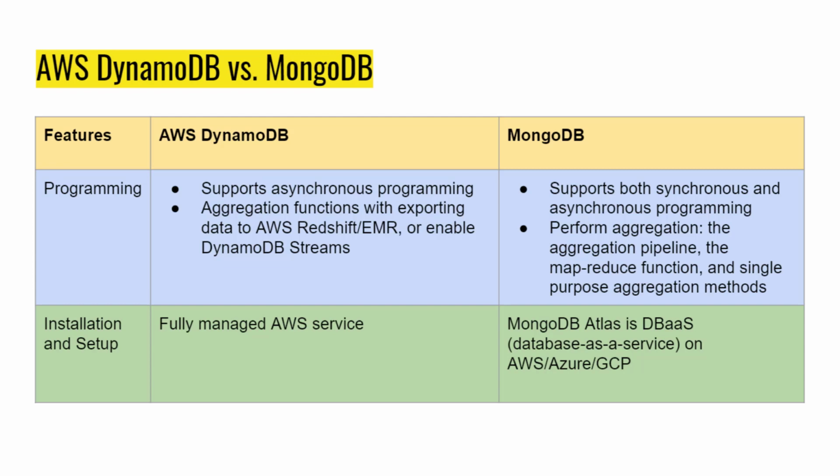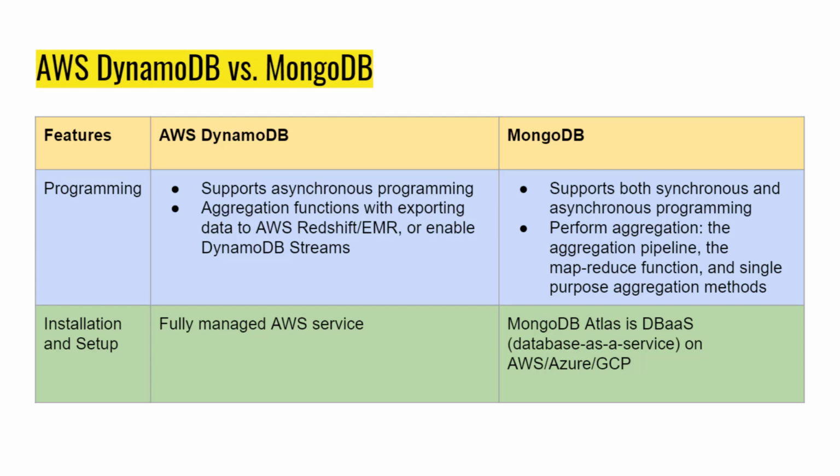MongoDB, on the other hand, supports both synchronous and asynchronous programming. Also, it provides 3 ways to perform aggregation: the aggregation pipeline, the MapReduce function, and the single-purpose aggregation methods. AWS DynamoDB and DocumentDB are fully managed AWS services.